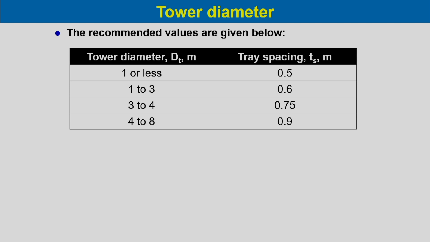When the tower diameter in meter is 1 or less, the tray spacing you can set as 0.5 meter, and when the tower diameter is between 1 to 3, the tray spacing is 0.6 meter, and between 3 to 4 meter tower diameter, the tray spacing is 0.75 meter, and 4 to 8 meter the tray spacing is 0.9 meter.